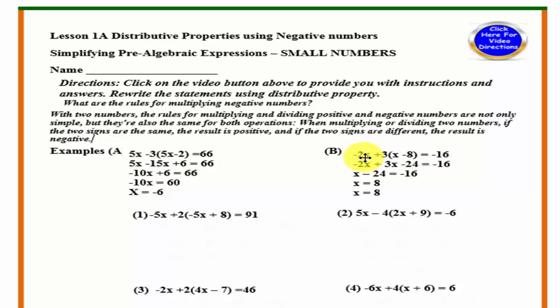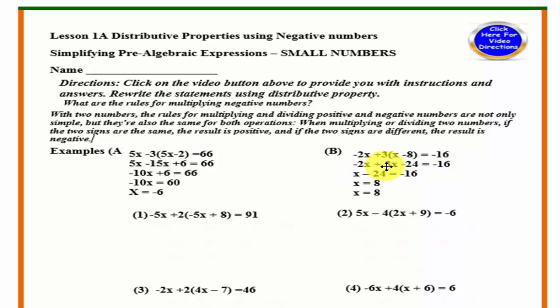Let's look at example B so we definitely understand what's going on. In B, we have negative 2x plus 3 times the quantity x minus 8 equals negative 16. Now, we have negative 2x plus 3 times x is 3x minus, or 3 times 8 is negative 24, because we have a positive times a negative, equals negative 16.